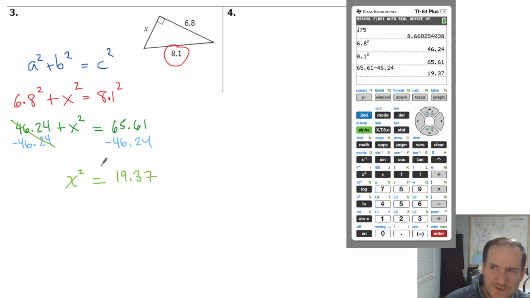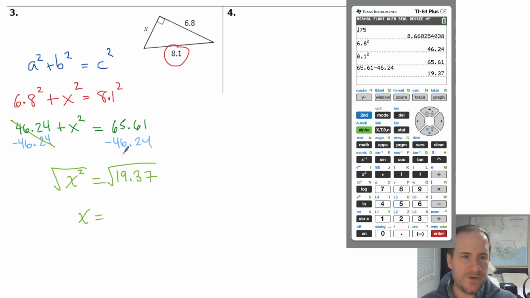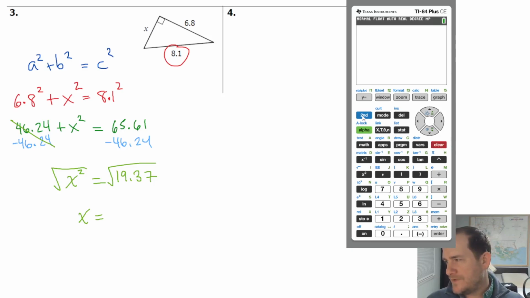And then of course that's not the final answer because we have to take the square root. So the answer is the square root of 19.37, and I would do that out if I were you. Just get your calculator, put your radical in, 19.37, press enter.